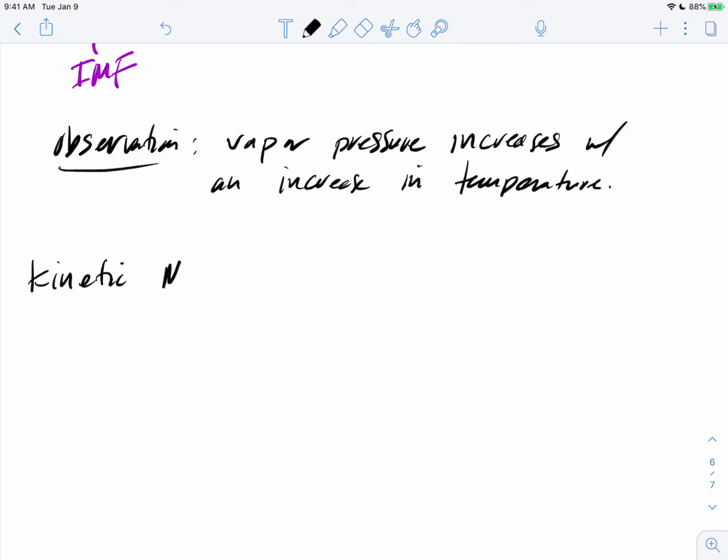Gases are a really nice system because they are very simple. There's very little intermolecular forces, or we assume there to be none.